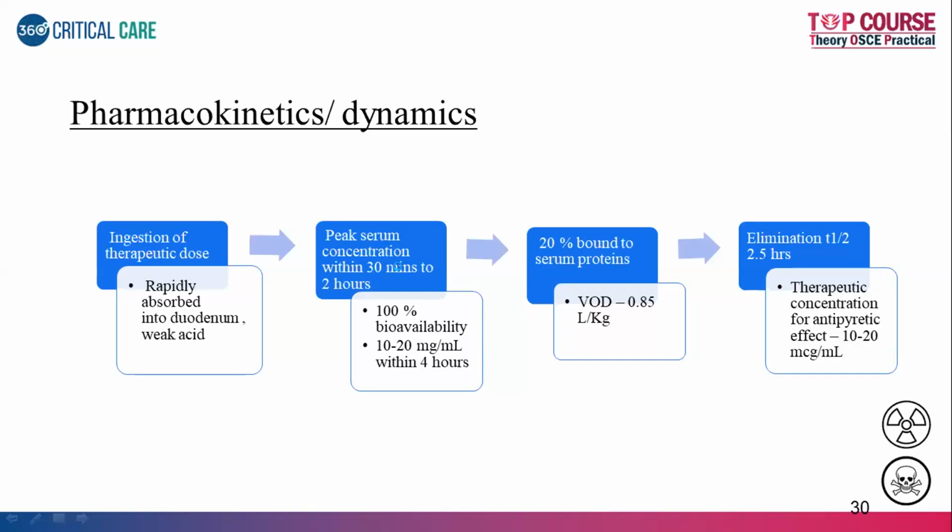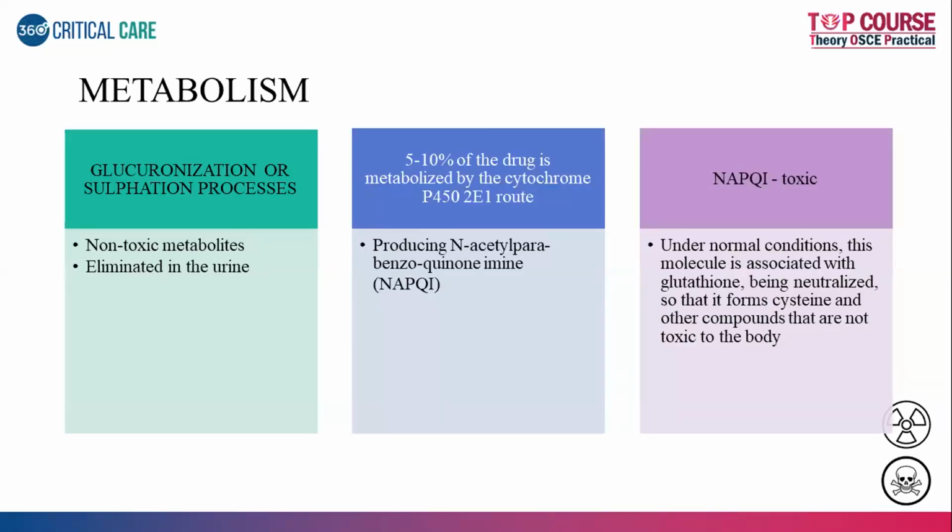It is around 20% protein bound, and the volume of distribution is around 0.85 liters per kg. The elimination half-life is around 2.5 hours, and as told, the therapeutic concentration for the antipyretic effect should usually be 10 to 20 mics per ml. Okay, I'm so sorry, this is mics here. So this is about the pharmacodynamics and pharmacokinetics of the drug.